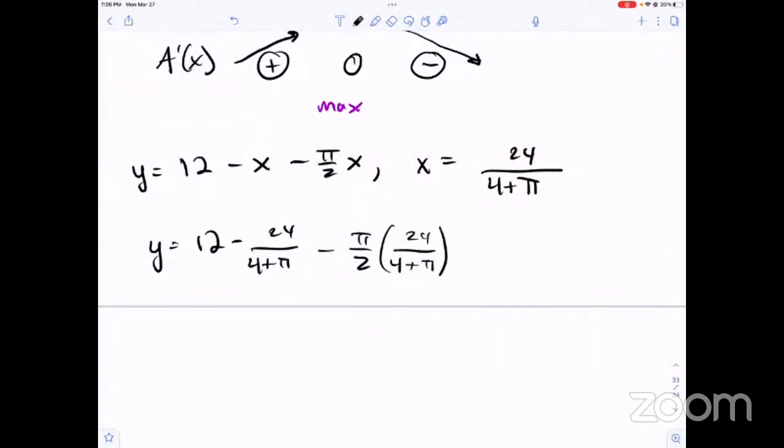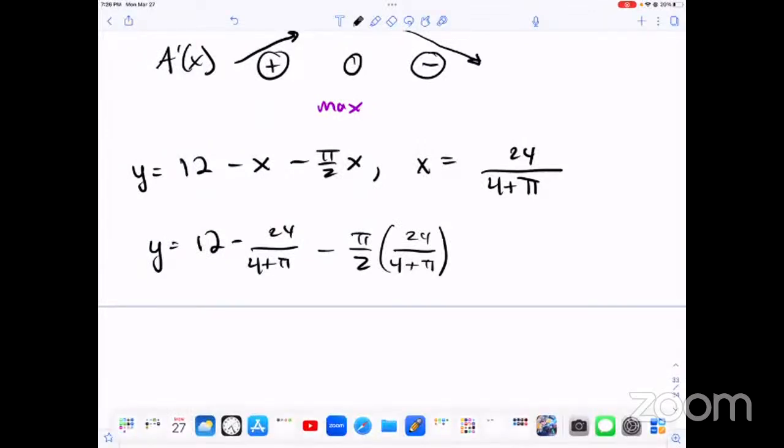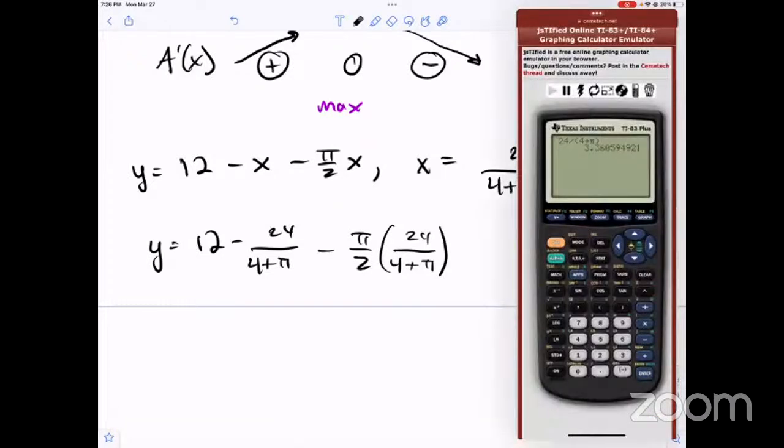So what I'm going to do right here, I'm going to go to Y equals, and I'm going to just put in 12 minus X minus pi over 2. Let me put that pi over 2 in parentheses.